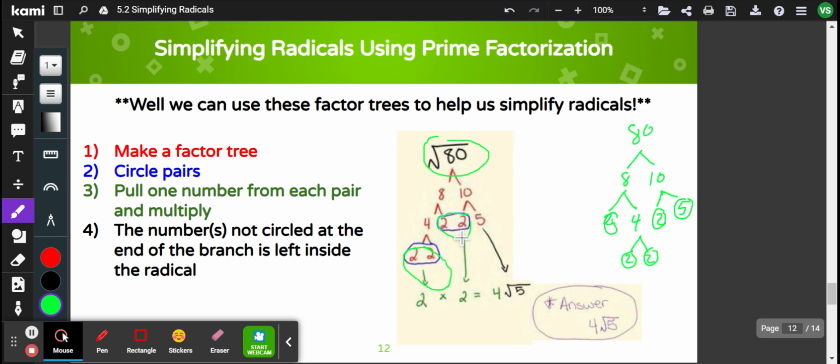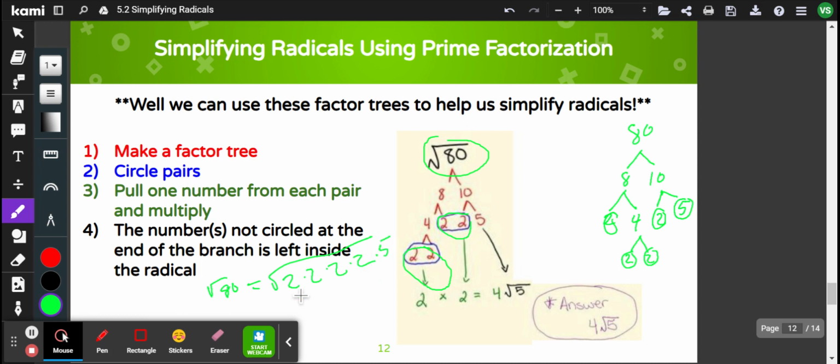Here is actually what is happening. The square root of 80 is equal to the square root of 2 by 2 by 2 by 2 by 5.